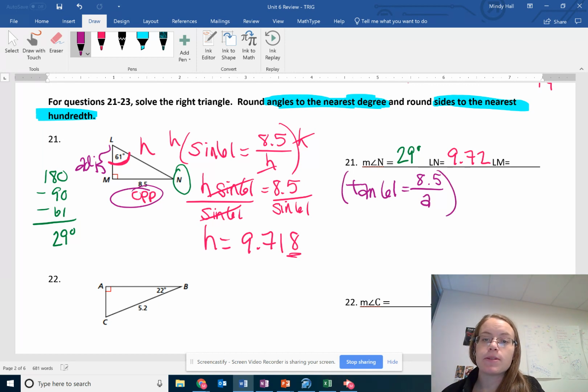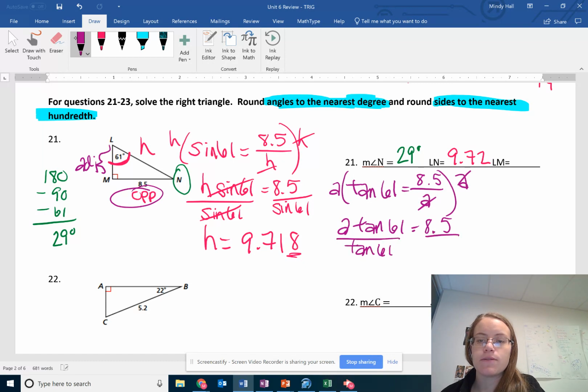So then we multiply both sides by A, and they cancel out on the right. So then we have A times tangent 61 equals 8.5, and then we divide by tangent of 61.